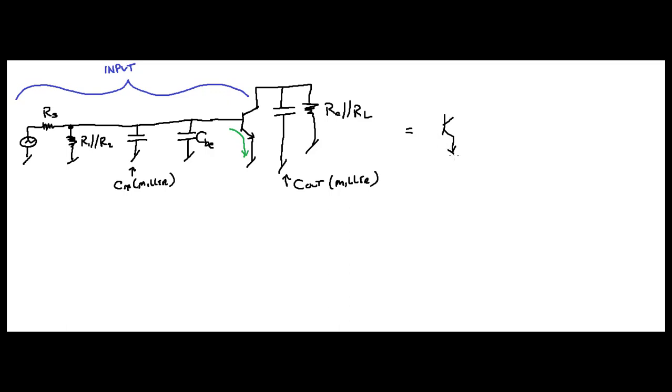I'm sorry, that's your emitter. Here's your arrow, it's coming down, you go to your ground, here's your base. But your collector, come up, you go through your collector resistor RC to AC ground. This is actually VCC.